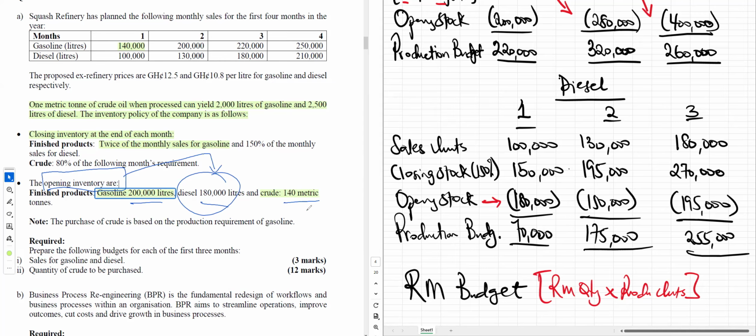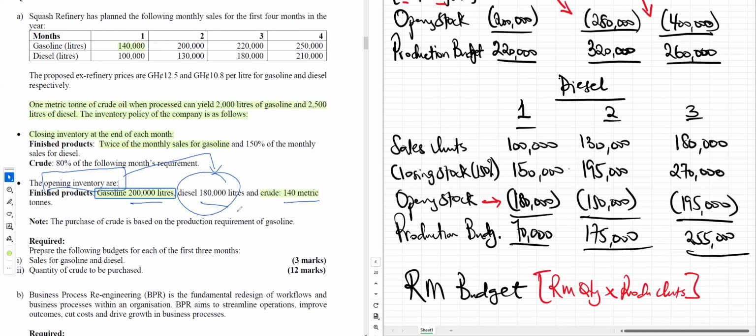So closing stock becomes opening stock. Are we all getting it?